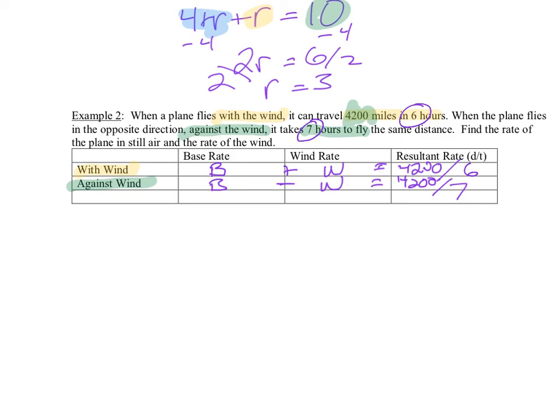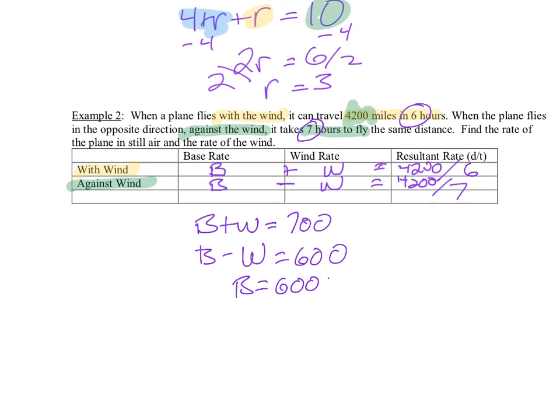All right, so rewriting these, I have B plus W equals 4,200 divided by 6, which is 700. B minus W equals 4,200 divided by 7, which is 600. All right, so B is equal to, actually, they want both rates for this one. So B is equal to 600 plus W. So we put it into the first equation.